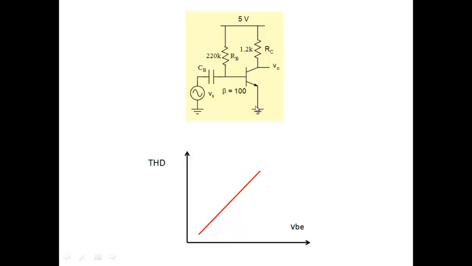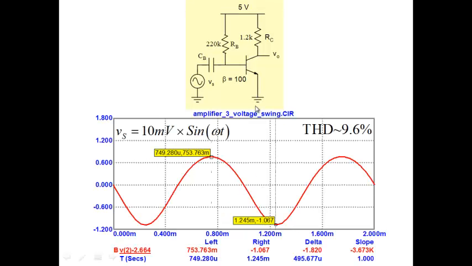As an example, we have shown here that if I take this particular design and apply 10 millivolt sine omega t, where 10 millivolt is the magnitude, and we look at the sinusoid, we see that the positive peak is different from the negative peak, an indication of distortion.